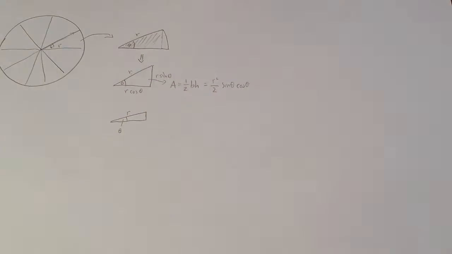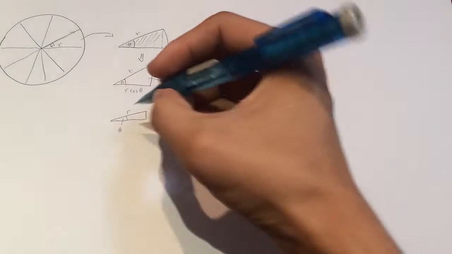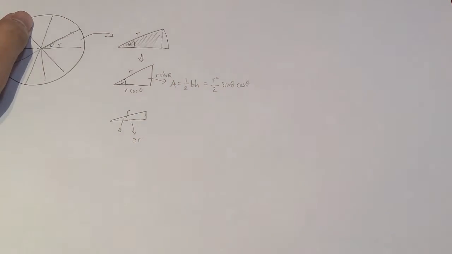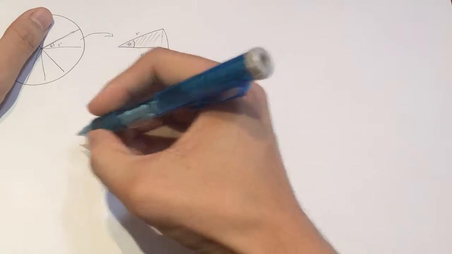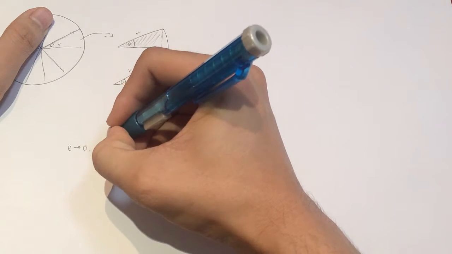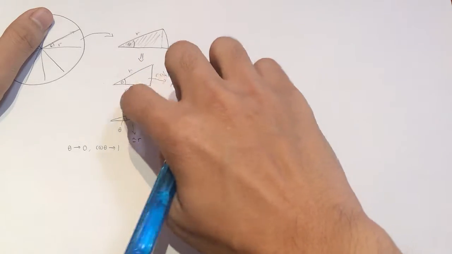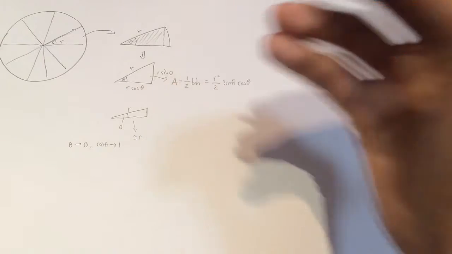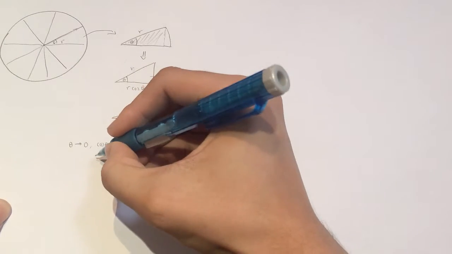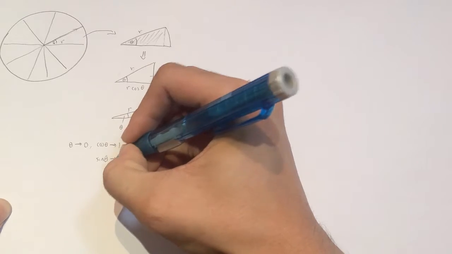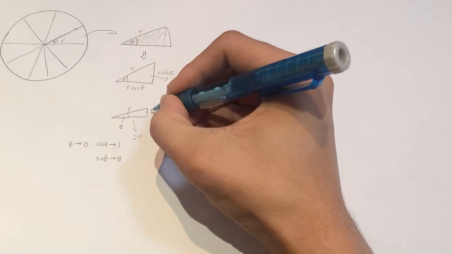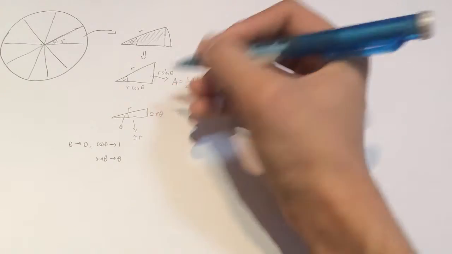This side is approximately equal to r, and that works because as theta goes closer to 0, cosine theta gets closer to 1, so r cosine theta gets closer to just r. For this side, we're going to do this wonderful approximation where sine theta approaches theta. I think most of us are probably aware of that. So this side will be approximately equal to r theta.